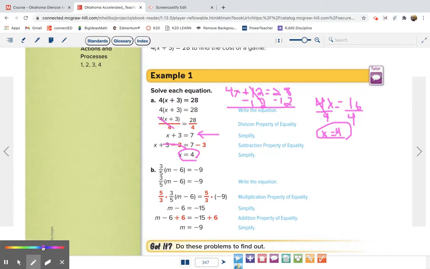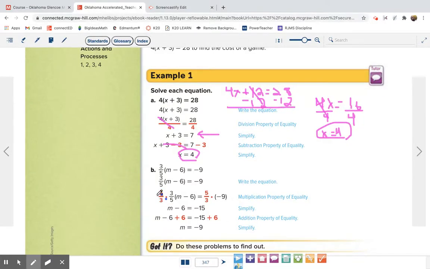Let me switch colors. Okay, so I have 3/5 times m minus 6 equals negative 9. So we are solving for m on this equation. So I have to get rid of these parentheses because I can't solve anything in here. So being that it's 3/5 times all of this, we can go ahead and get rid of that 3/5 by dividing. But it's a fraction, so we can't divide.